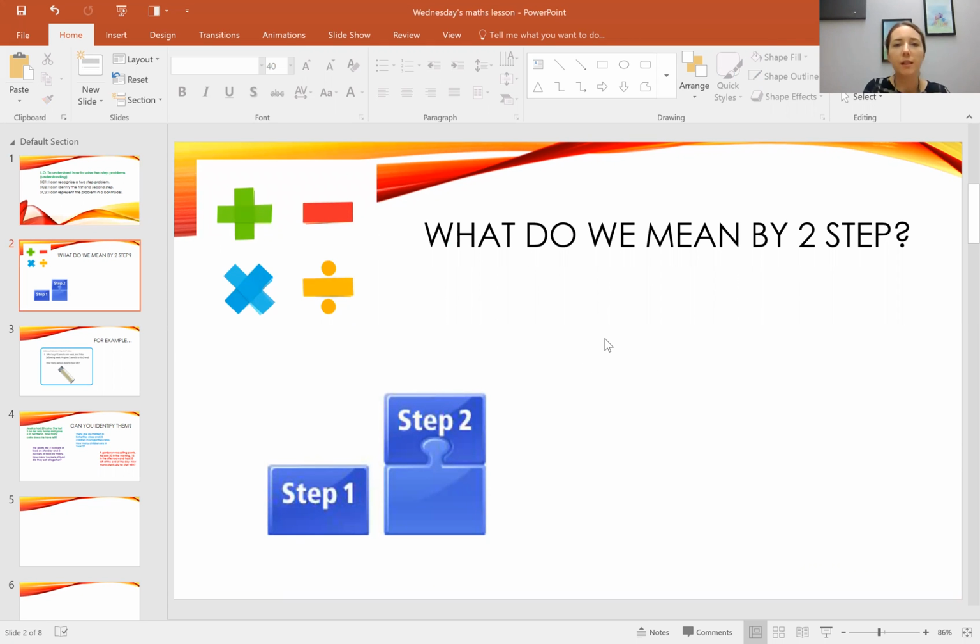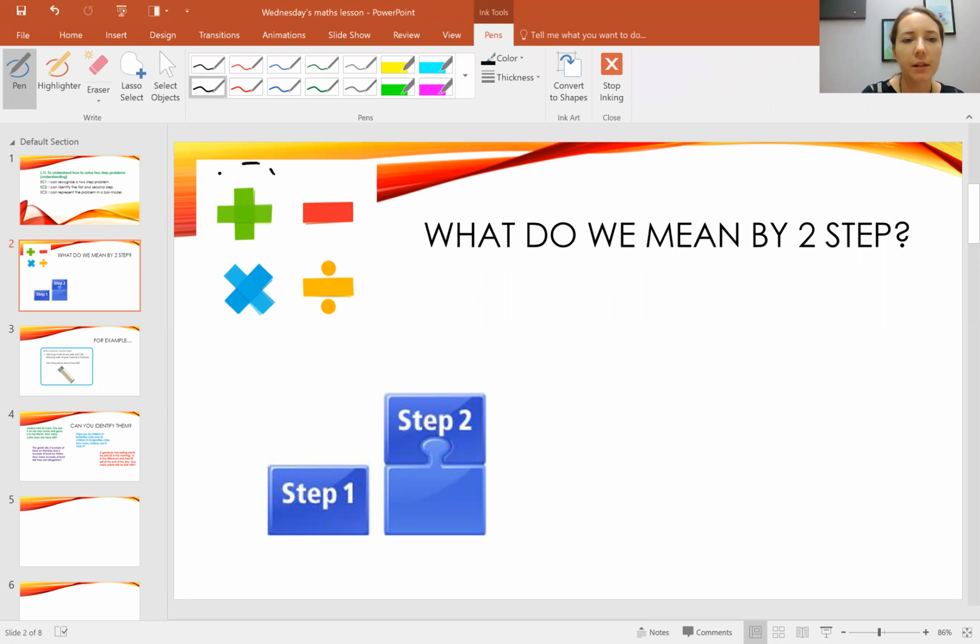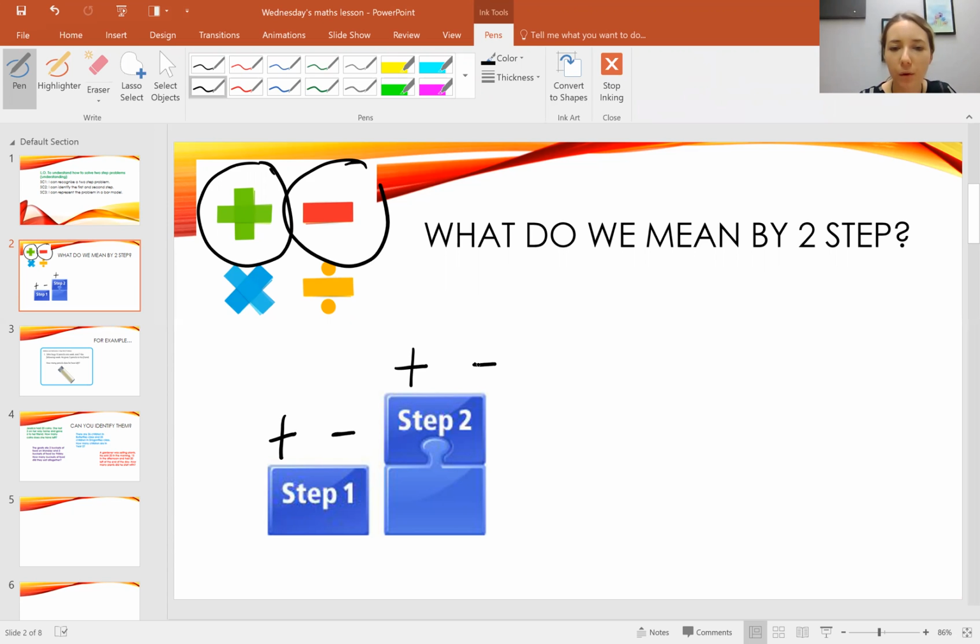Today, we're just going to be looking at addition and subtraction. So in a two-step problem, there will be two things you need to do. There'll be the first step where you need to either add or subtract, and there'll be another step then where you need to either add or subtract.